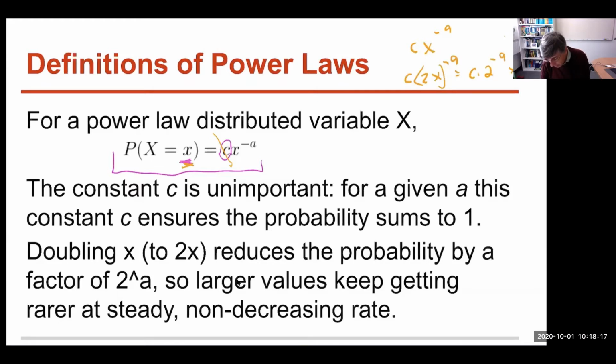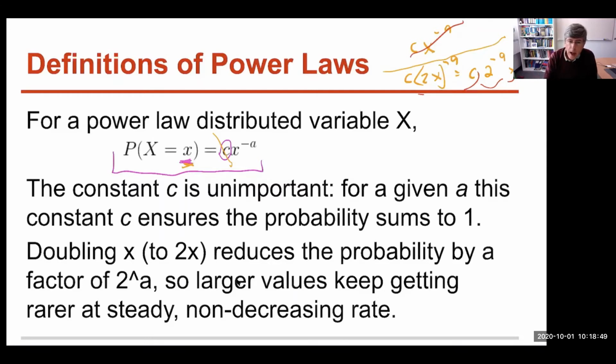If I look at the ratio of these things, everything cancels, and it basically says that as I doubled x, my probability dropped by a factor of 2 to the minus a. That's the same notion that in a power law, when you double something, the probability drops by a constant fraction.